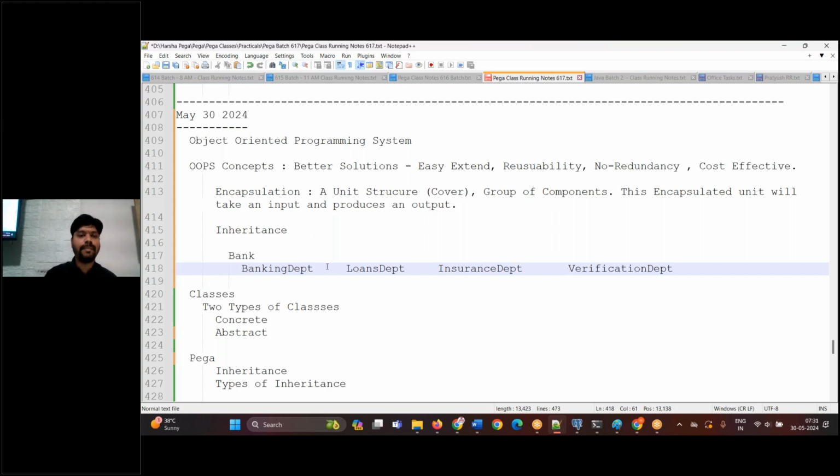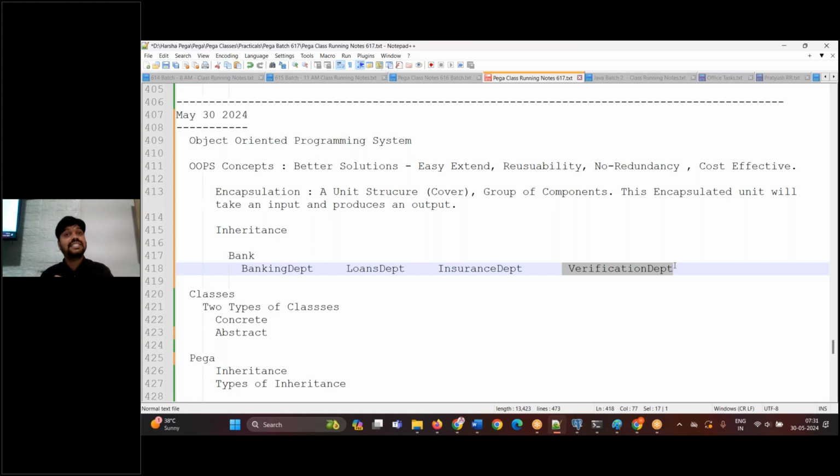Common one, right? So banking department can reach out to verification to utilize its functional components. Loans department can reach out to verification to utilize its functional components. Similarly, insurance department. So in the real world, we have some departments which are not going to participate in initiating a transaction. Listen to me carefully.